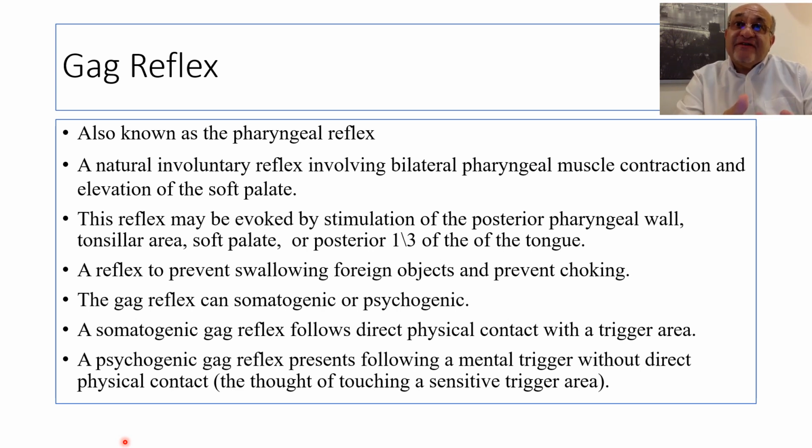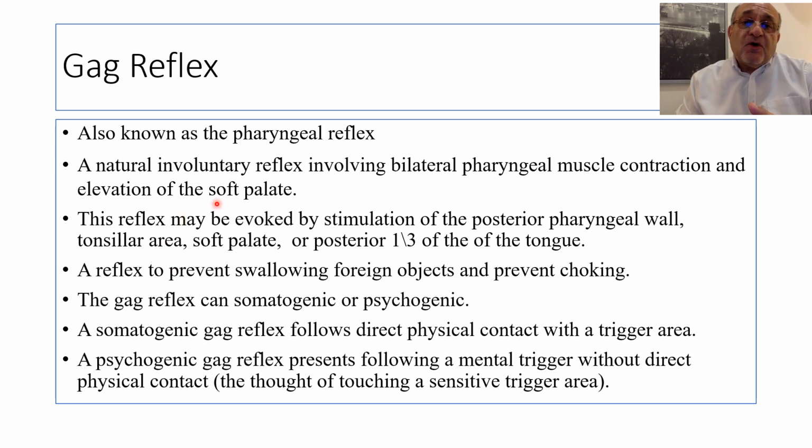So it's a defensive mechanism, and the gag reflex could be somatogenic or psychogenic. A somatogenic gag reflex follows direct physical contact with the trigger areas, one or more of those mentioned above.